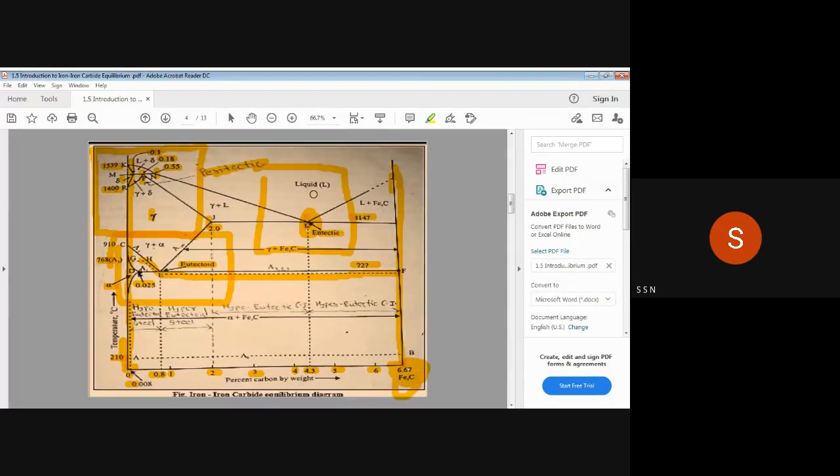Through these three different reactions, peritectic, eutectic, and eutectoid, we will see the different phases in the diagram. In chemistry, maybe you have seen these three reactions or maybe not: eutectic, eutectoid, and peritectic. So what are these reactions?